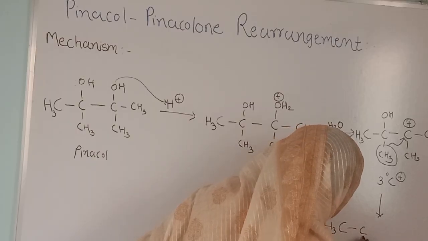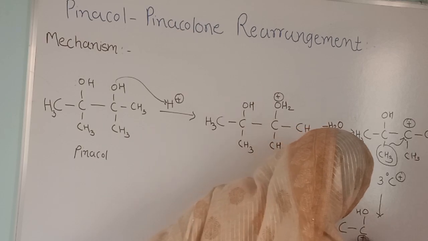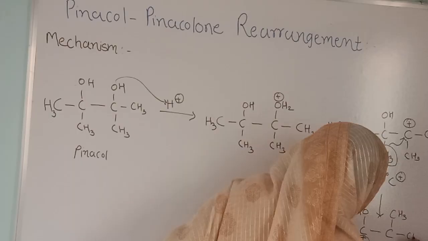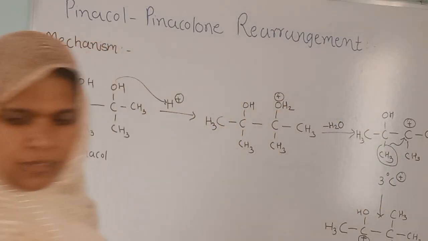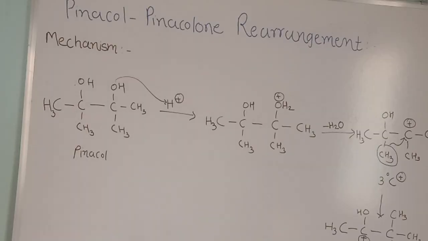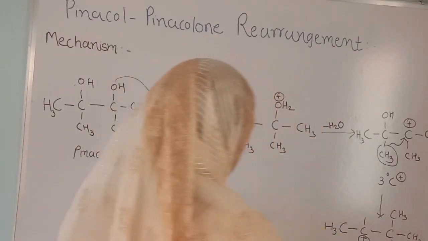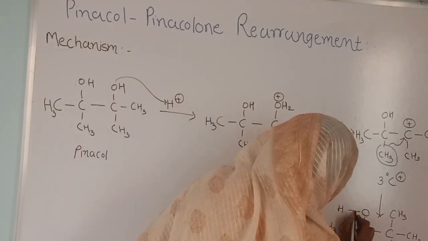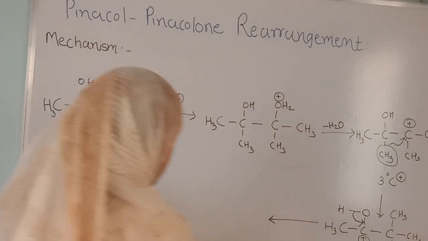CH3. Here the hydroxy group, carbocation, then CH3, CH3, CH3. Here again a carbocation will be formed. This carbocation is neutralized by this hydroxy group, with formation of a carbon-oxygen double bond.